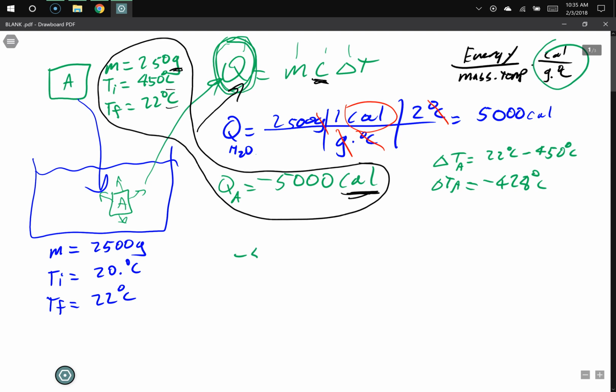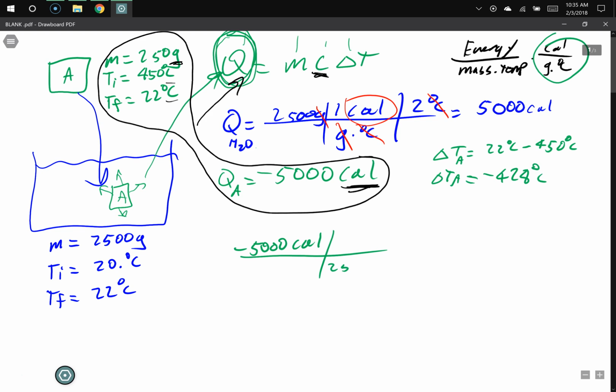So what I'm going to do is I'm going to say negative 5,000 calories, and I'm going to go ahead and divide that by 250 grams because that's the mass of the object A, and then the change in temp is negative 428 degrees C, and I need a calculator. So negative 5,000 divided by 250 divided by negative 428, and I get 0.046729 calories per gram degree C.